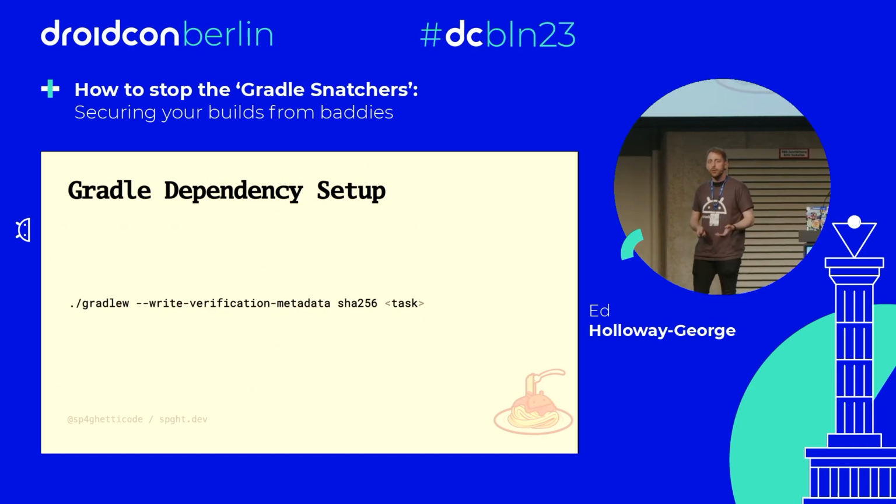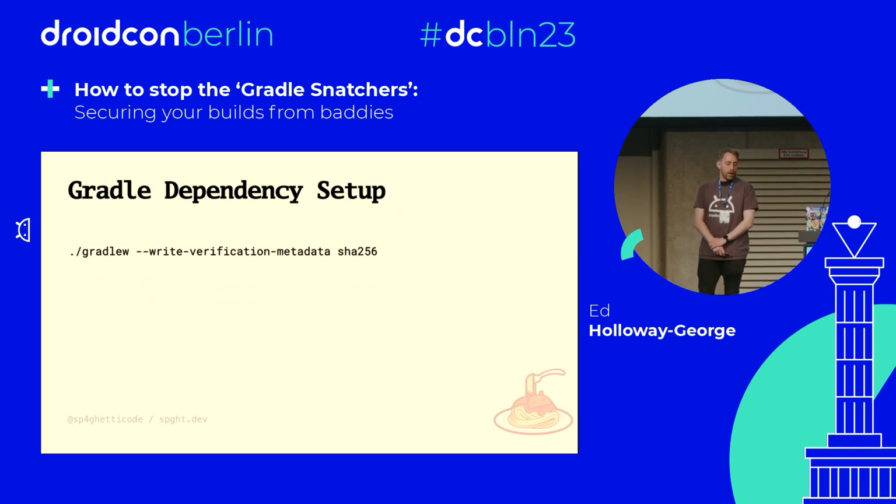So depending on your application's configuration, you might have dependencies which are exposed and aren't exposed depending on the particular configuration you're using. So the task is optional here. If you don't use it, it will use Gradle's default task. If you specify a task, it will then find the dependencies for that particular task and also write the hash.